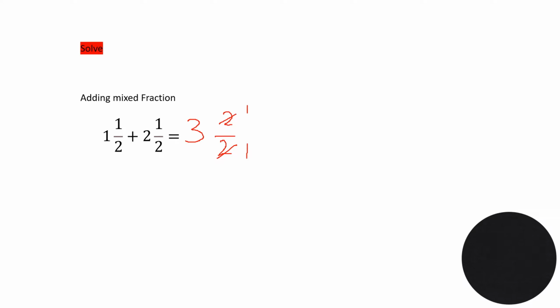Let me write this back as whole numbers for you guys. So it would be 3 plus 1, these two whole numbers, and 3 plus 1 is 4. So the answer will be the whole number 4.